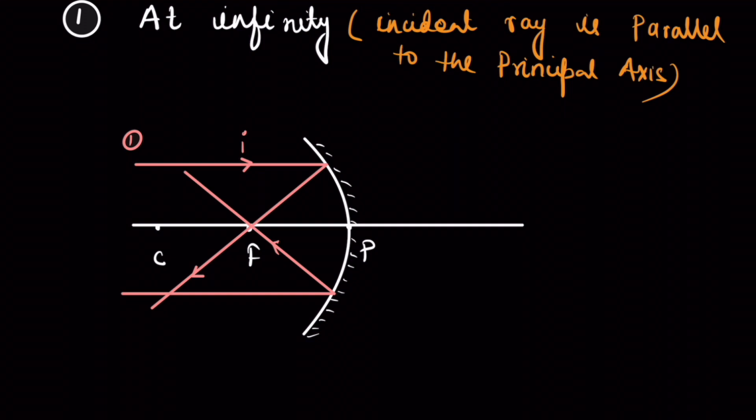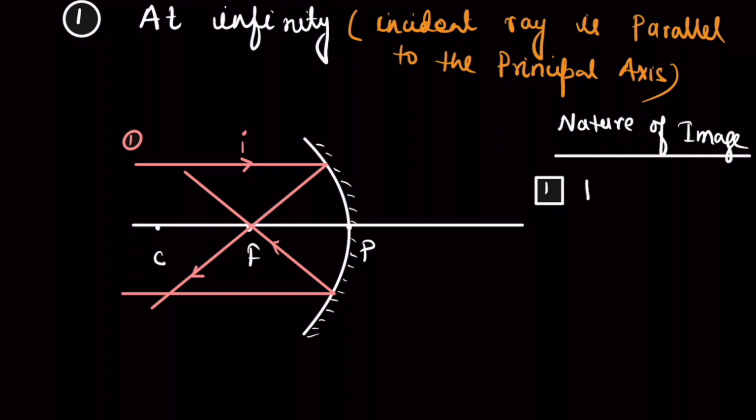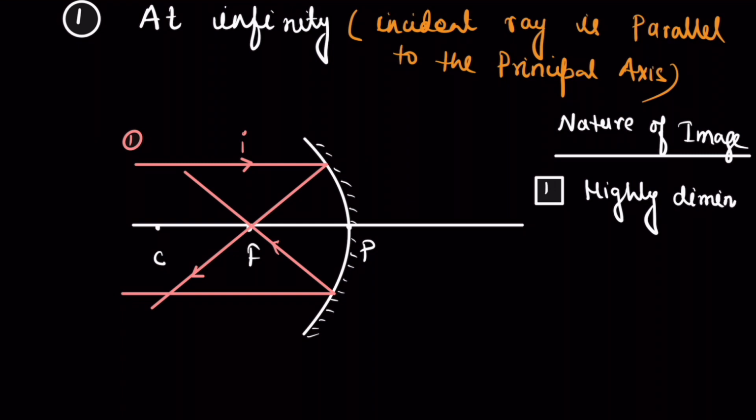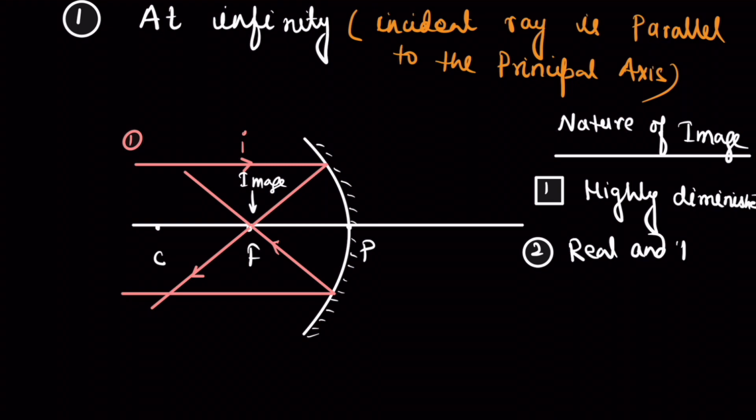So the nature of the image will be, first, it is highly diminished. Why is it highly diminished? Because the image is a point. Here the image is present. It's a point. Okay, so that's why it is highly diminished. Second is, it's real and inverted. Why is it real and inverted?